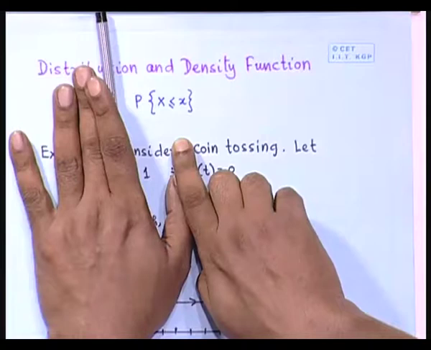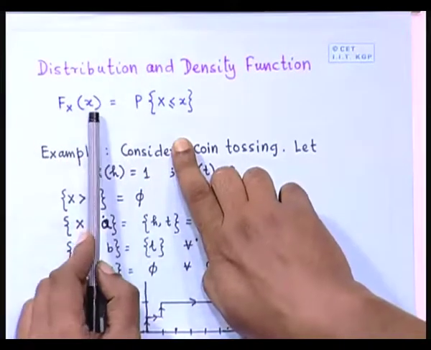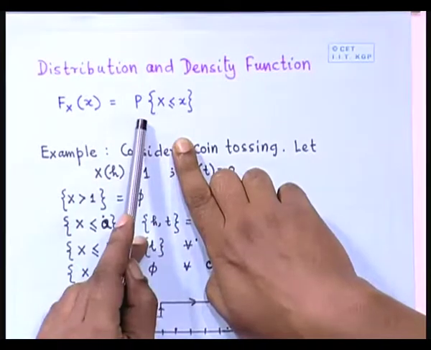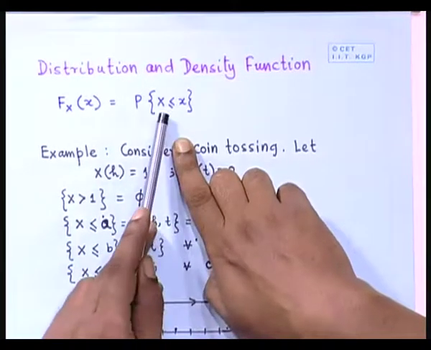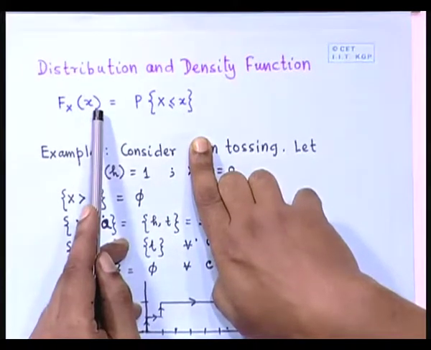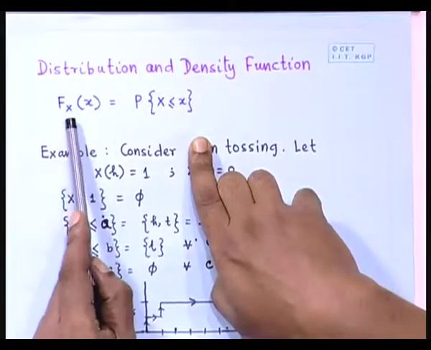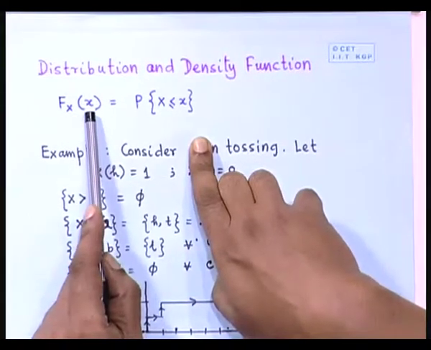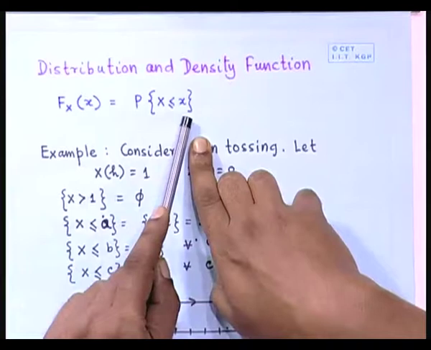So the function which characterizes the probability of the events for which capital X is less than or equal to x is called the distribution function of the random variable X, and its value for the value small x is this.